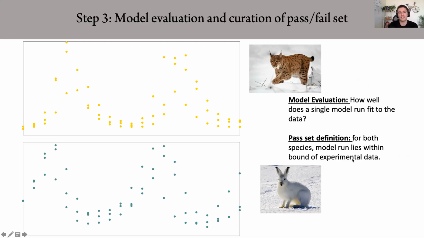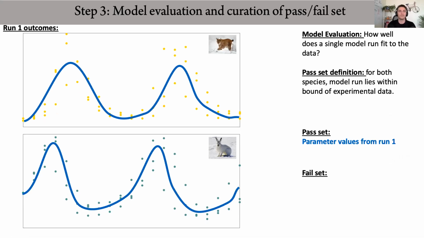In this example, I'm going to say that for both species, the model run has to lie within the bounds of the experimental data for each of our time points. So we look at our first run of the model using our first parameter combination, and we can say that this model simulation fits pretty well with the data, in that for most of those time points, it fits within the bounds of the experimental data for both species.